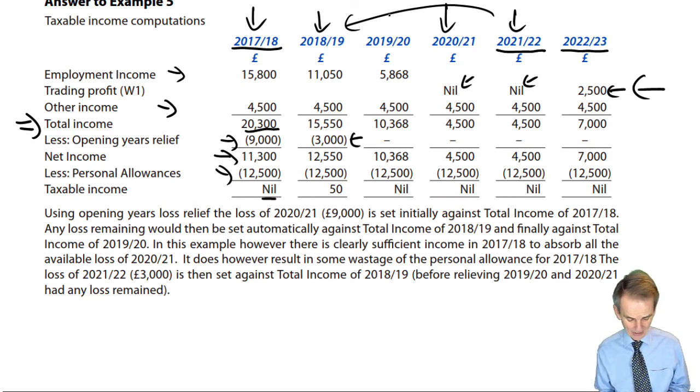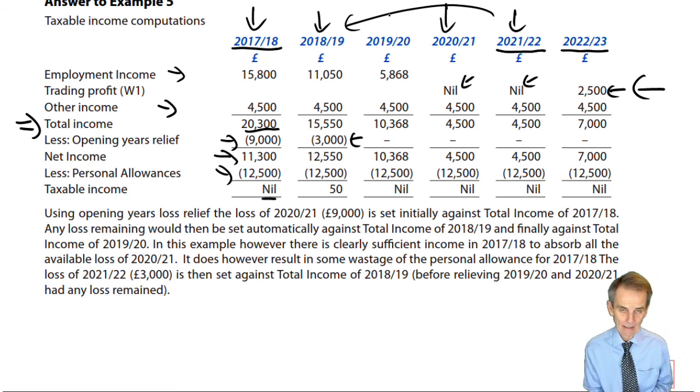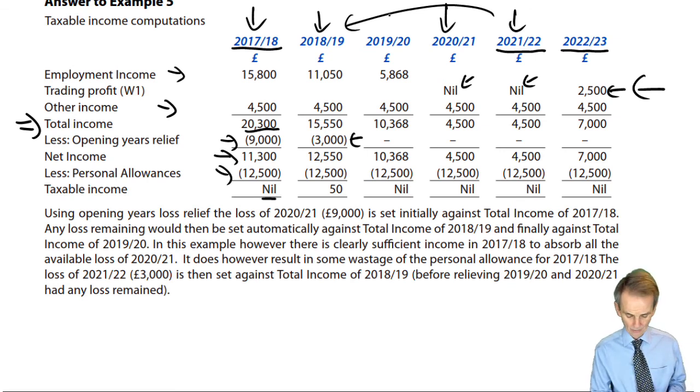As it's happened here, only a little bit of our personal allowance has been wasted. But clearly that's a downside, which is applicable to any claim against total income, depending on what the loss is and what that total income figure is.